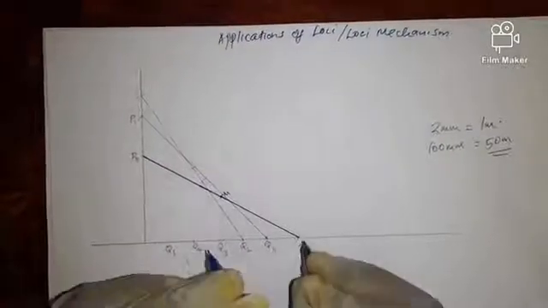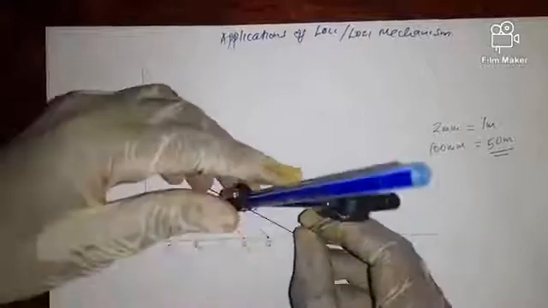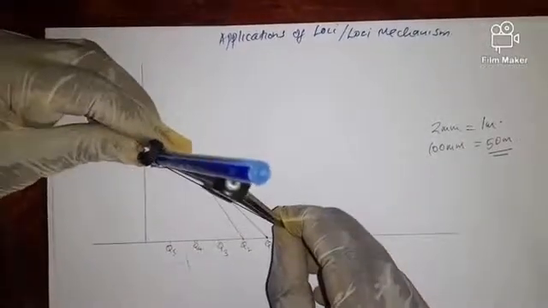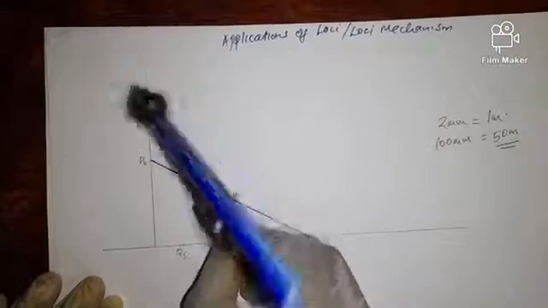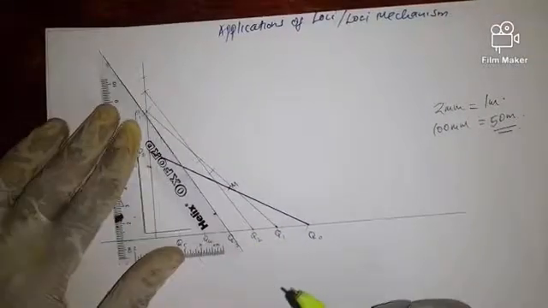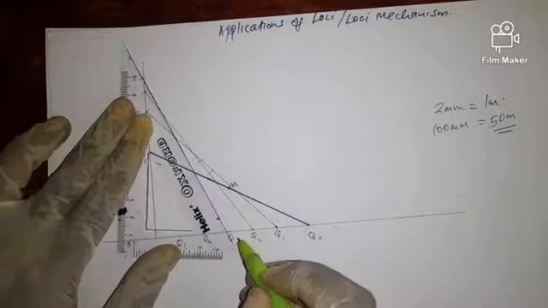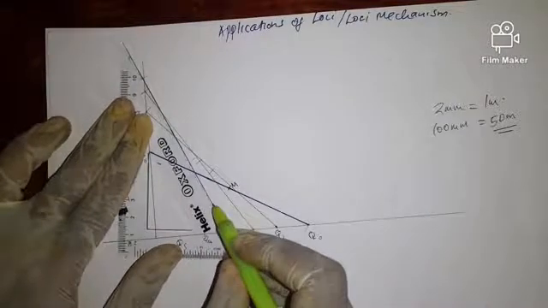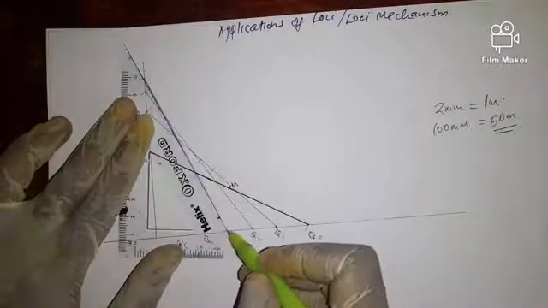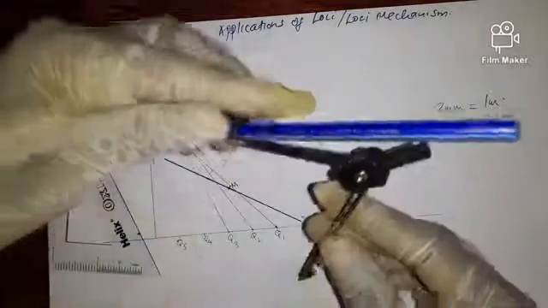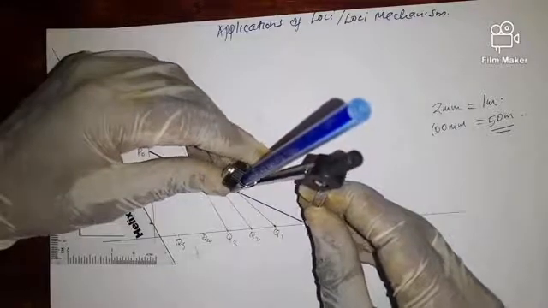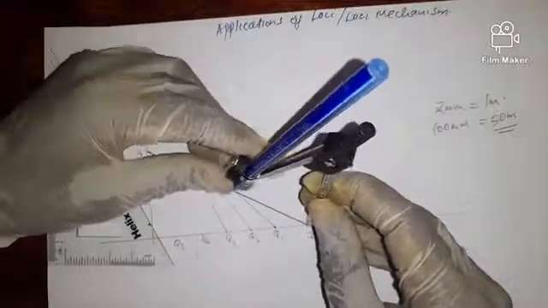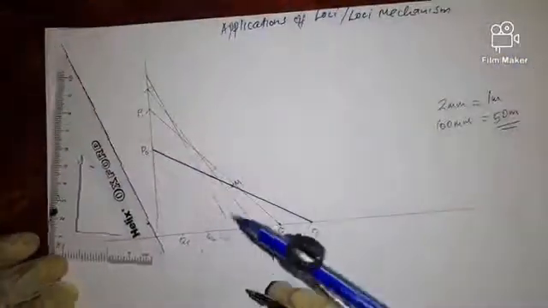Next, take 100, move to the new position 3, cut, connect, transfer the midpoint, transfer it here.